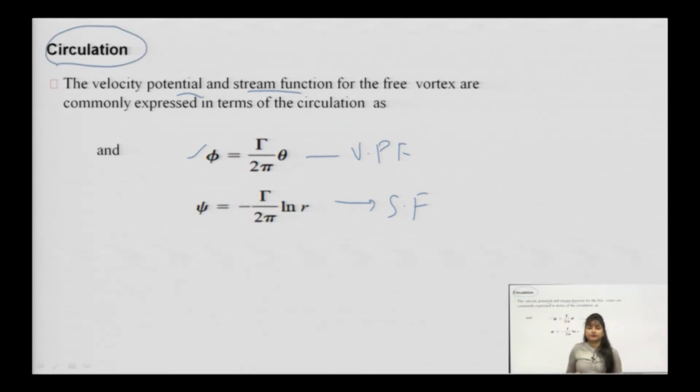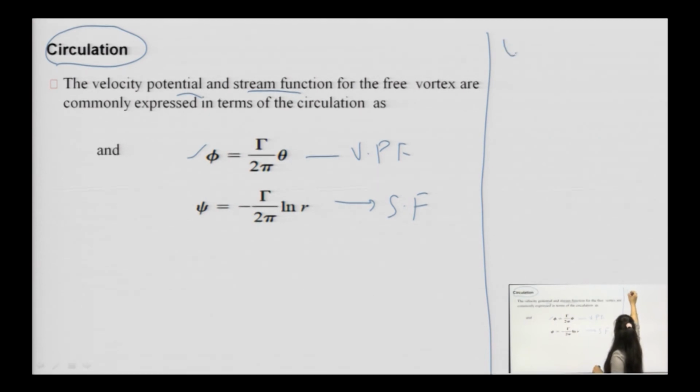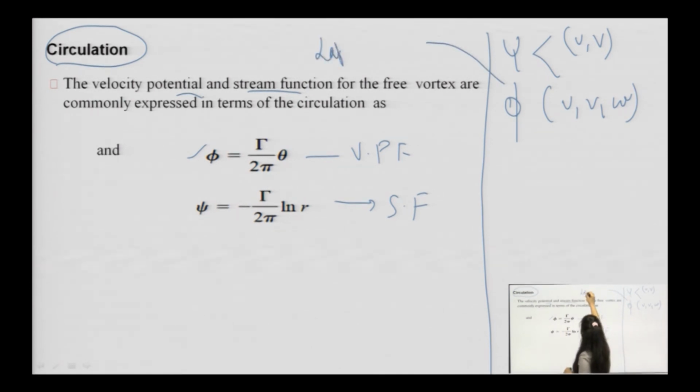So in today's lecture, we have covered that there exists a variable psi, the stream function, which replaces u and v. Then there is phi, which can replace u, v and w, and they both should satisfy the Laplace equation.